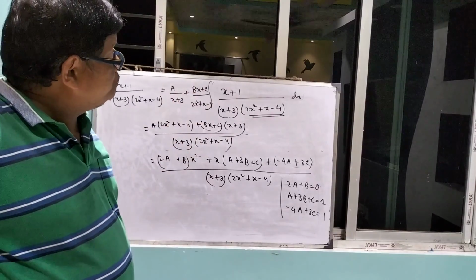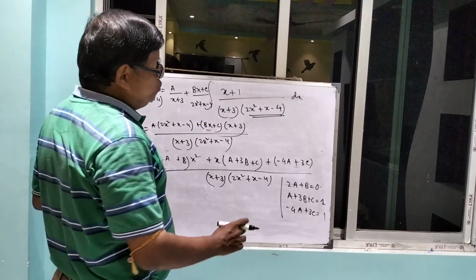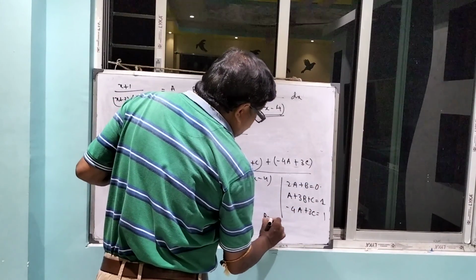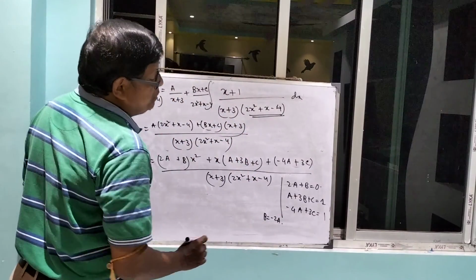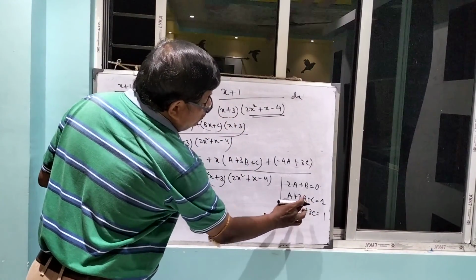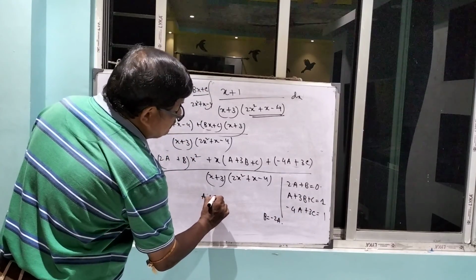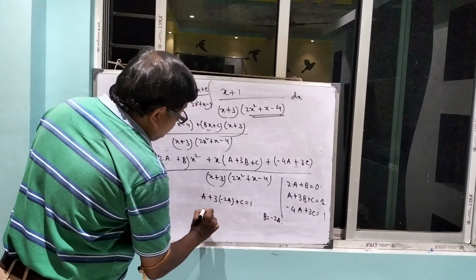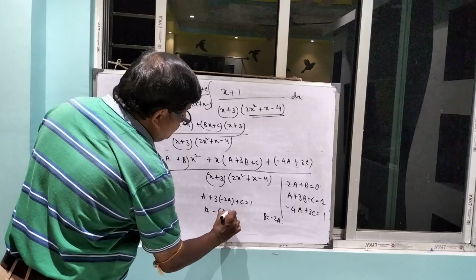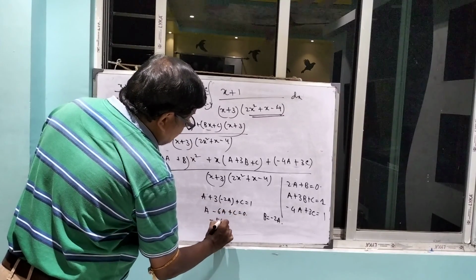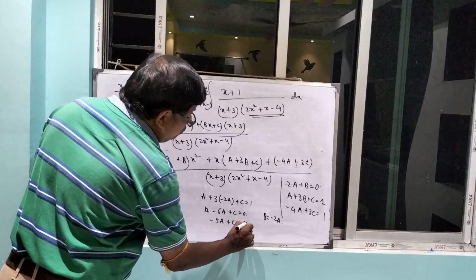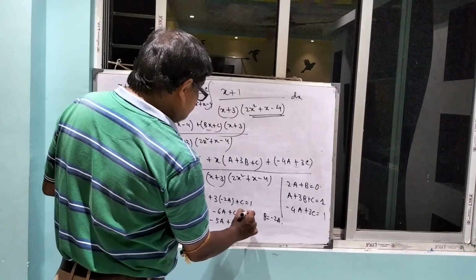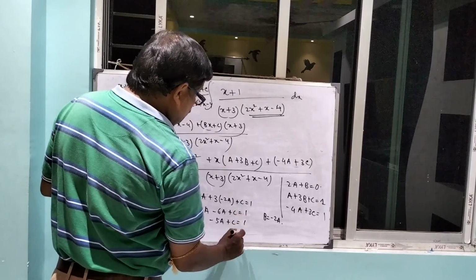Okay, now you look at here, you put b equal to minus 2a. Just put the value here: a plus 3 into minus 2a plus c equal to 1, that is a minus 6a plus c equal to 1, that is minus 5a plus c equal to 1.